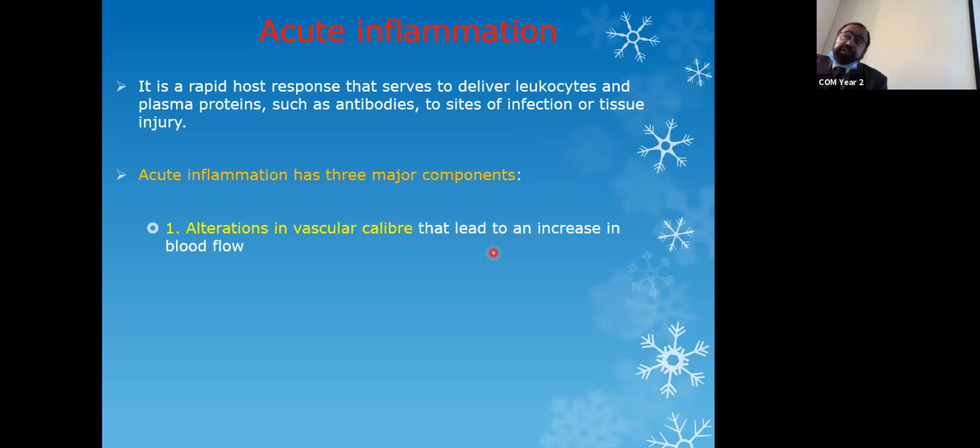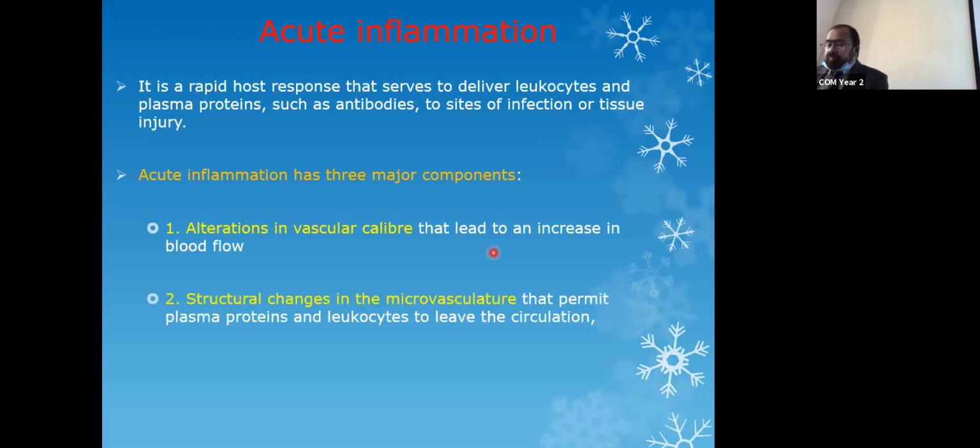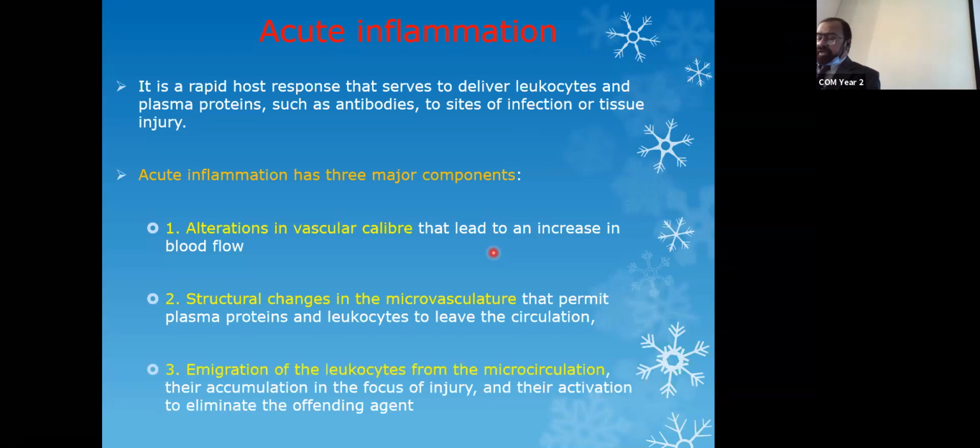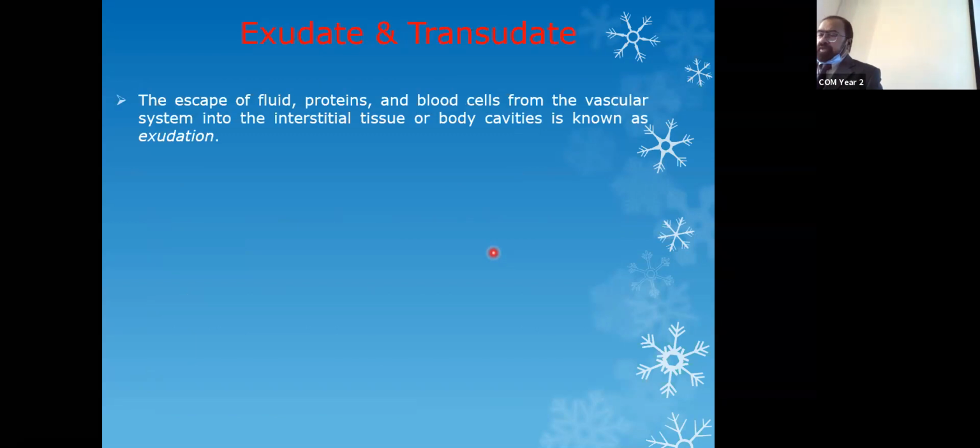Number two, structural changes in the microvasculature, so that the cells can be pushed from inside the blood vessel to go outside. And finally, emigration of leukocytes from the microcirculation to the interstitial tissue. So we have to learn three important things, right? We'll do them one by one.